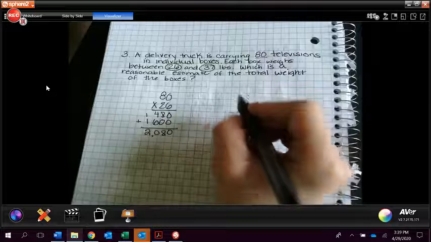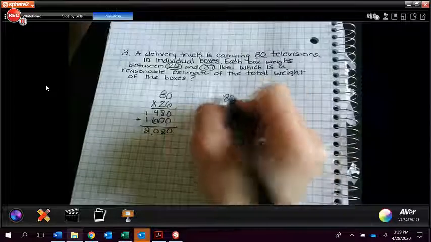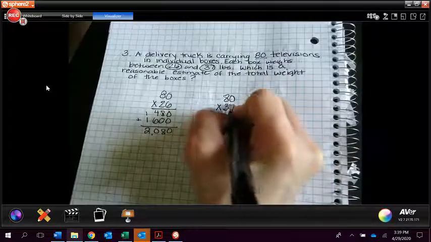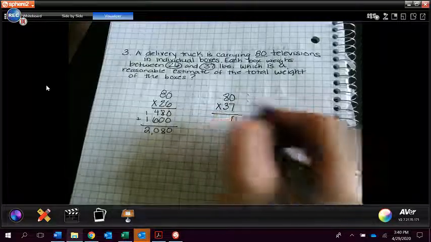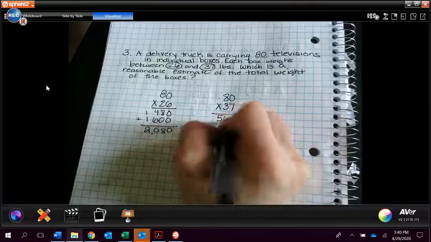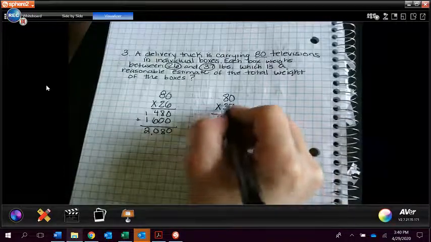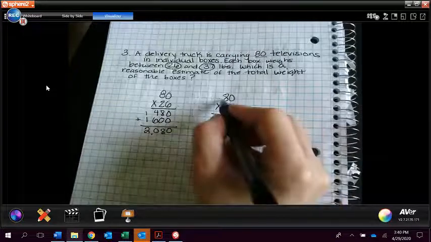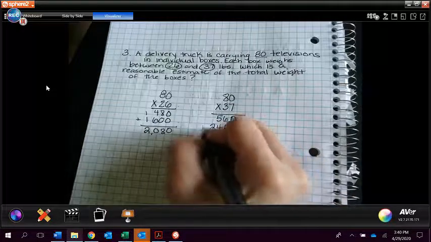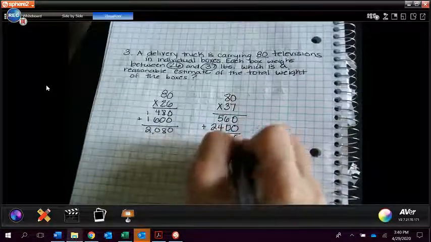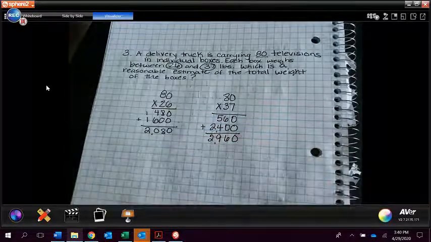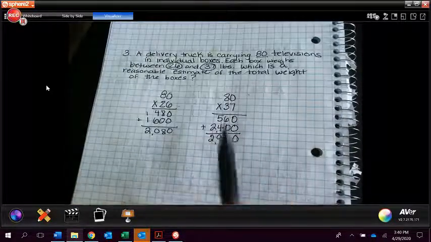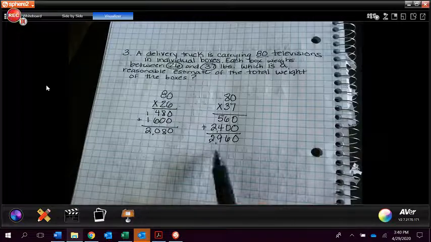So we're going to do the same thing. 80 times 37. Again, 0 times 7 gives me 0. 8 times 7, 56. Then I bring my 0 down. 0 times 3, 0. 8 times 3, 24. I add this. 5 and 4 gives me 9 and 2. So the same thing. The answer is 2,960.